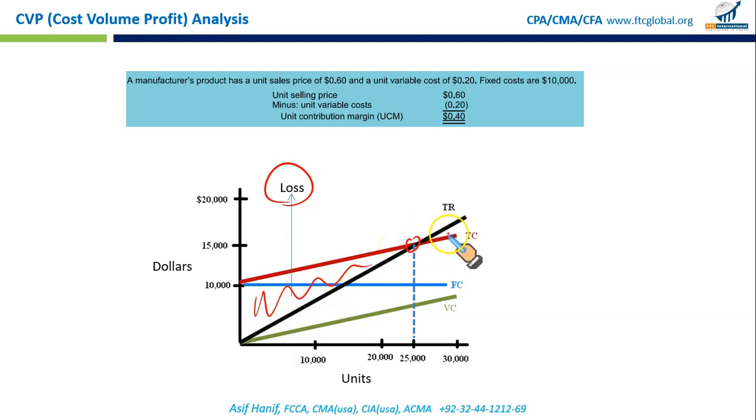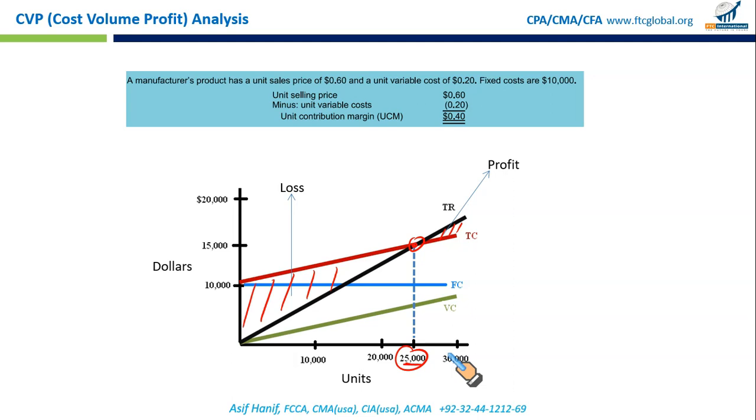Beyond this point, total revenue is greater than total cost, so this region offers profit. And this point specifically where total revenue and total cost lines cross each other is called the break-even point. This is the point where we make no profit, no loss. So 25,000 units is the level of output and sales where there is no profit, no loss.